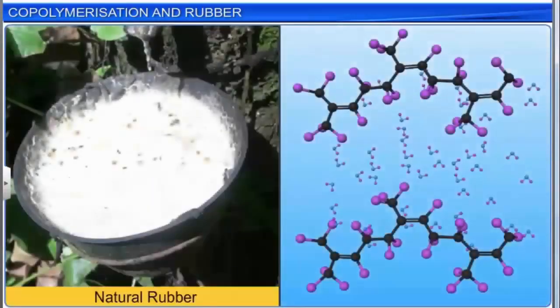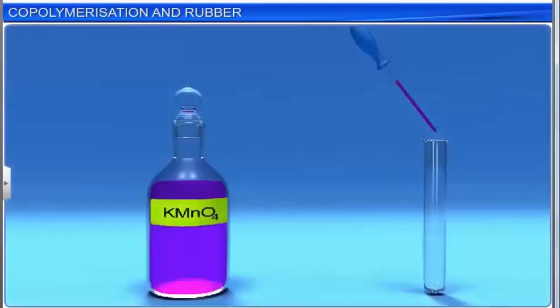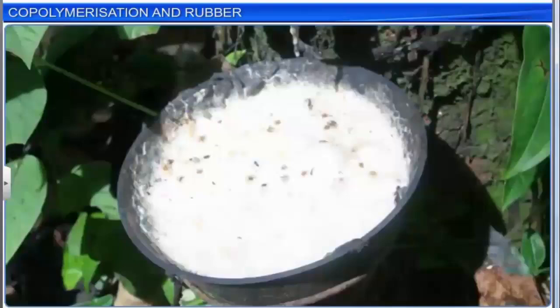Natural rubber absorbs water. It is soluble in non-polar solvents and is susceptible to attack by oxidizing agents. These properties of natural rubber limit its usefulness. Hence, to improve the physical properties of natural rubber, a process called vulcanization is employed.